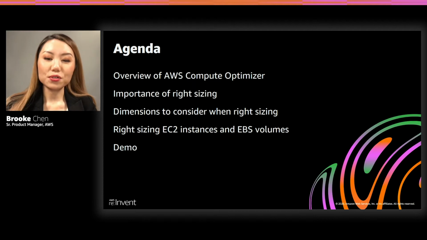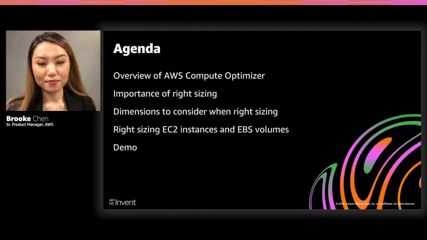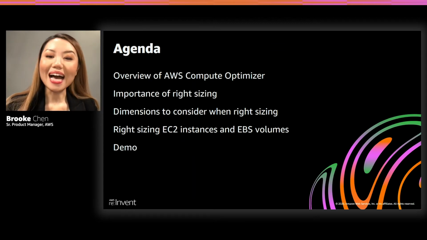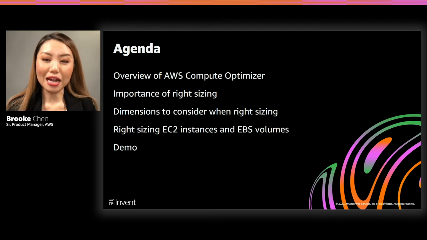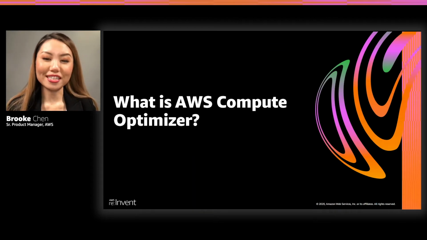We're going to dive into the details of the recommendations offered by Compute Optimizer for EC2 instances, auto-scaling groups, and EBS volumes, and go through a brief demo. By the end of the session, you'll see how you can use recommendations from Compute Optimizer to improve your infrastructure efficiency on AWS and be ready to get started.